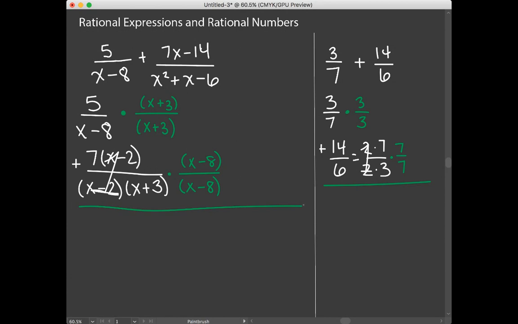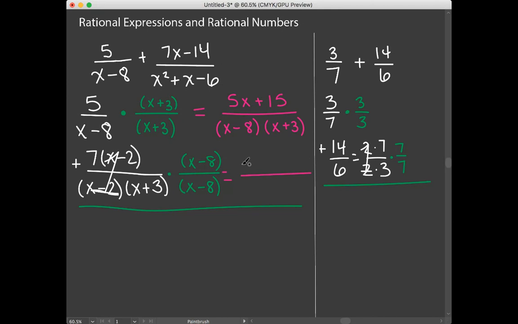The next step in both of these problems is that we multiply so that we can then do our addition. So when we multiply here, we multiply 5 times x plus 3, and we get 5x plus 15. In these rational expression problems, I like to leave the denominator factored so that if I try to simplify at the end, it's already in factored form.